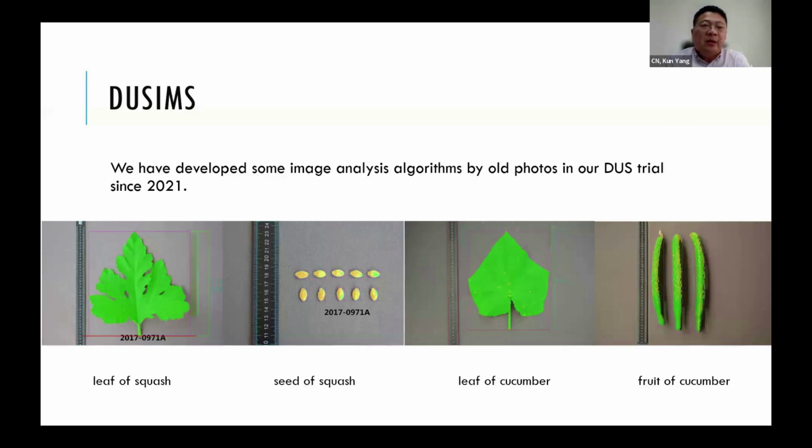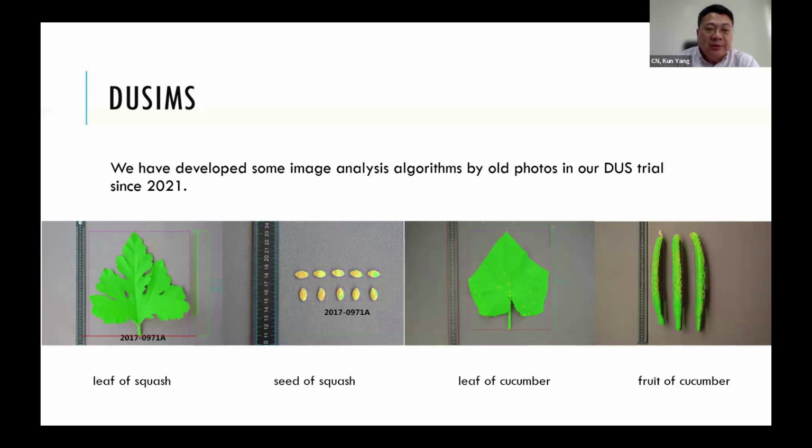And these are our own algorithms related to image analysis. We used some of our old photos and analyzed them using the image analysis algorithms. But at that time we found some problems. We didn't have a good ruler to calibrate the size.